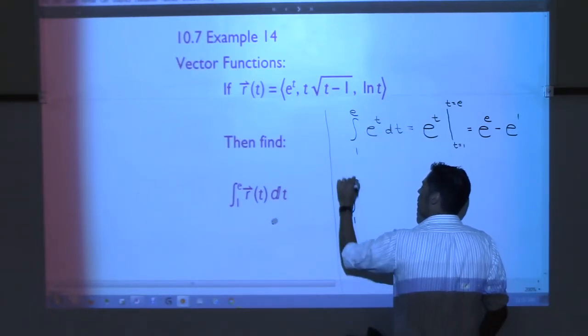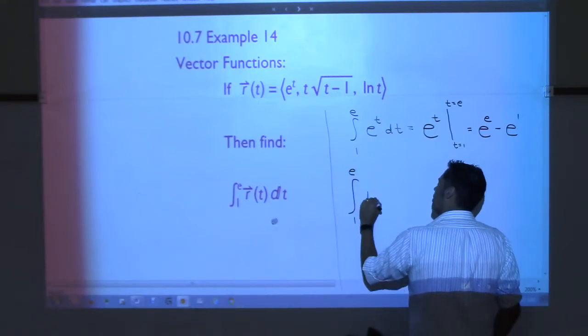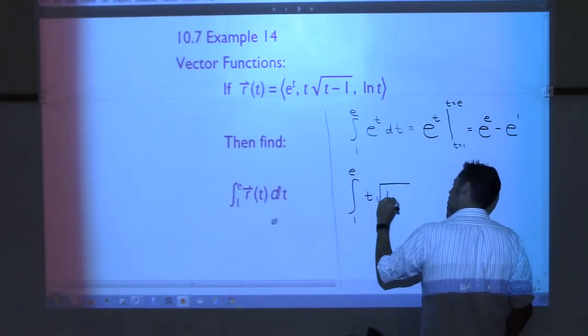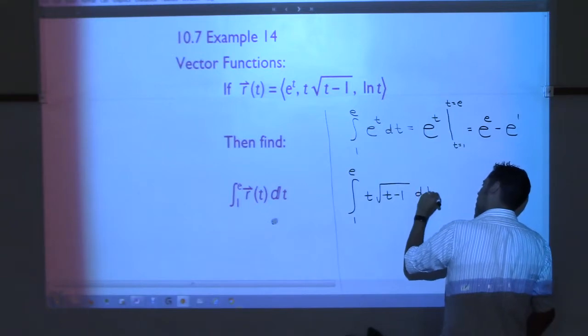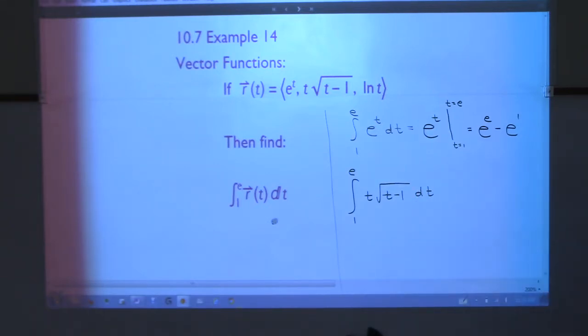I'm going to integrate from 1 to e of t root t minus 1 dt. What is that? A u sub?